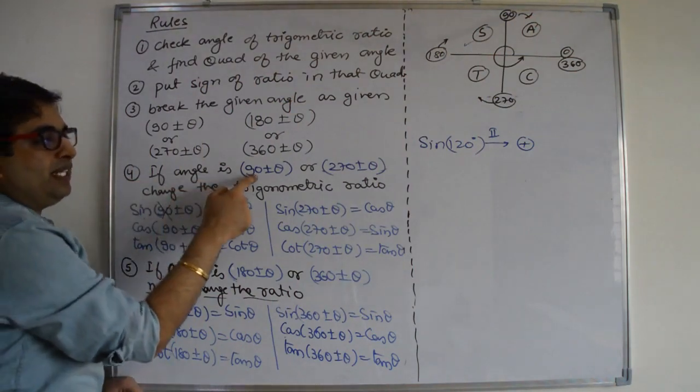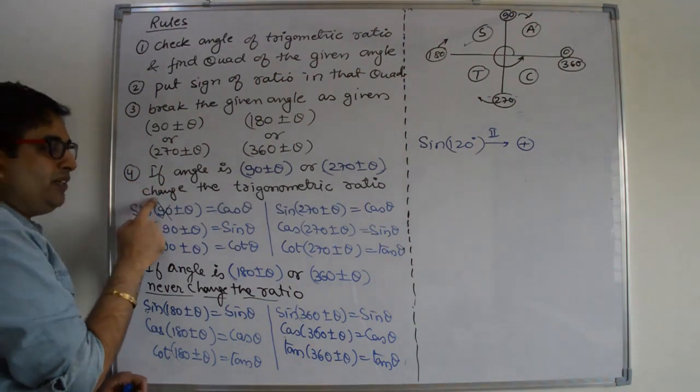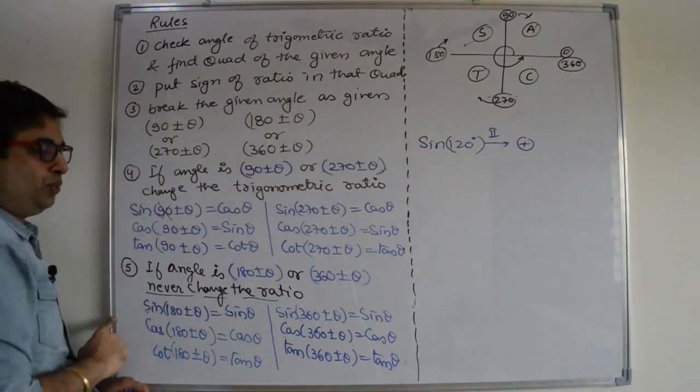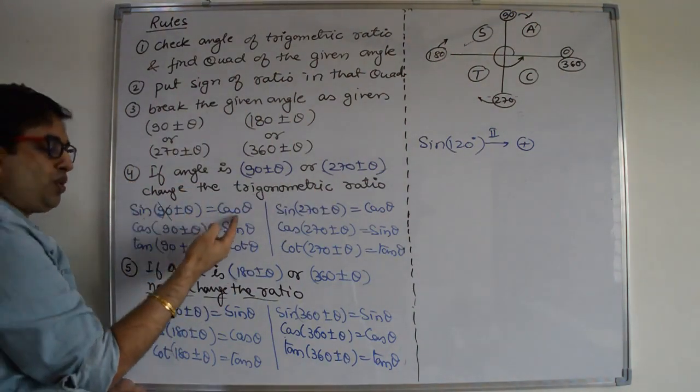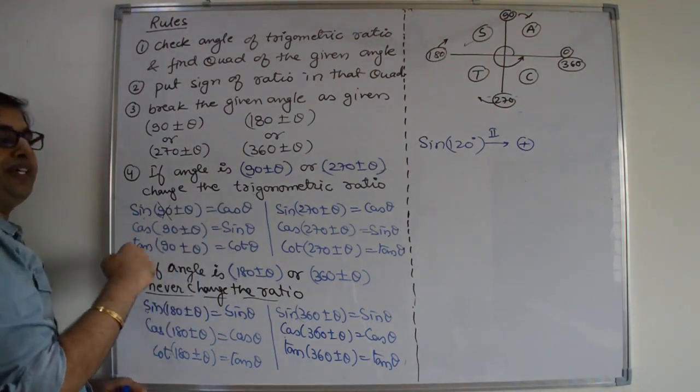If the angle is 90 plus or minus theta or 270 plus or minus theta, then we have to change the trigonometric ratio. That means sine will convert into cos, cos will convert into sine, tan will convert into cot, cot will convert into tan.